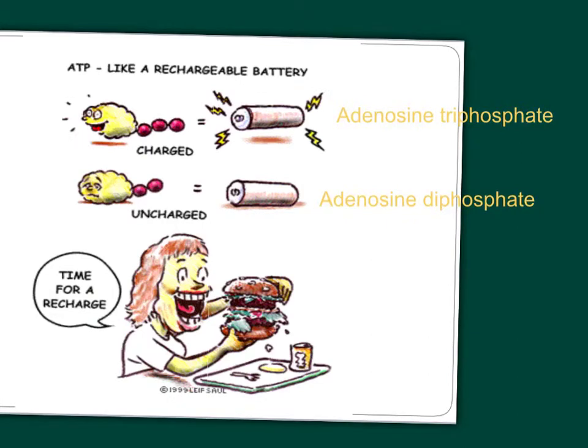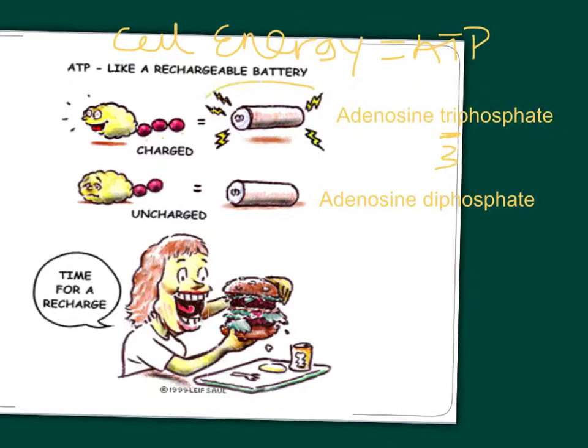So when we're talking about cells and we're talking in terms of energy, the cell's energy is called ATP. So cell energy equals ATP. And ATP stands for adenosine triphosphate. Tri means 3, and you see here it has 1, 2, 3 phosphates attached to it.